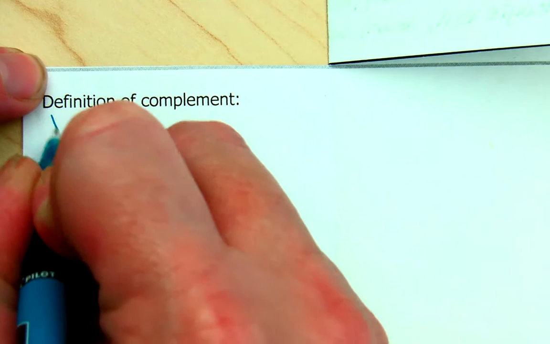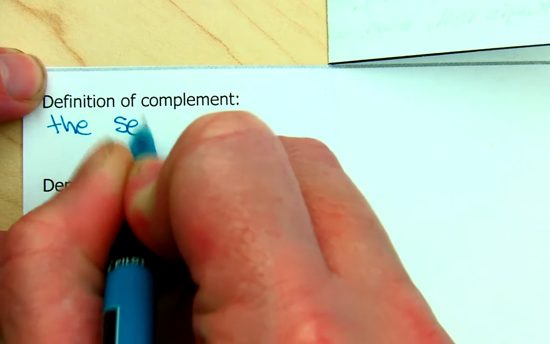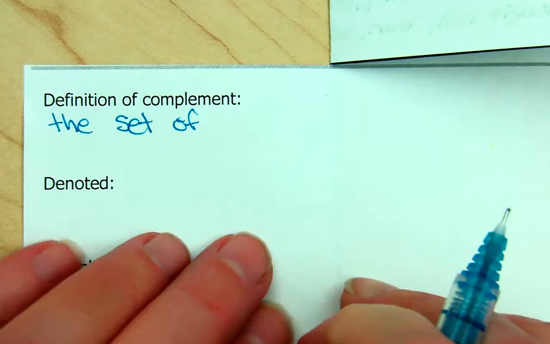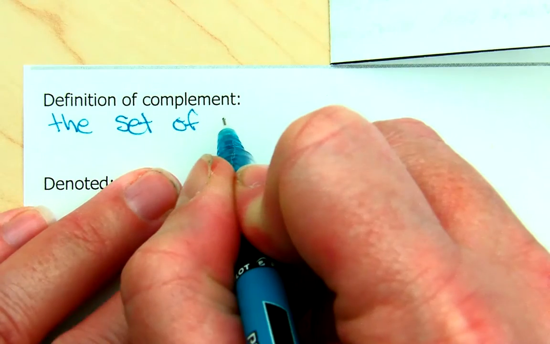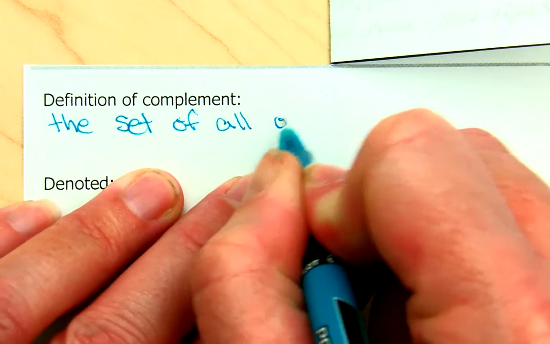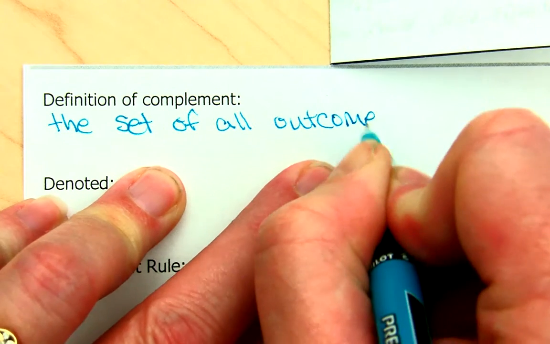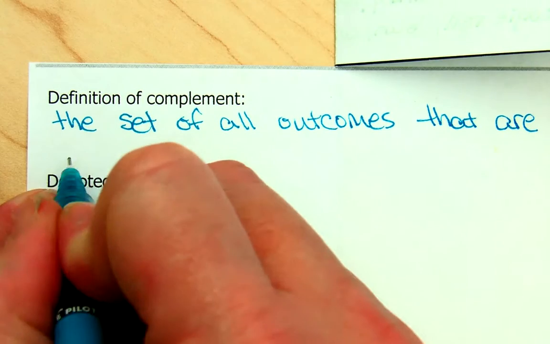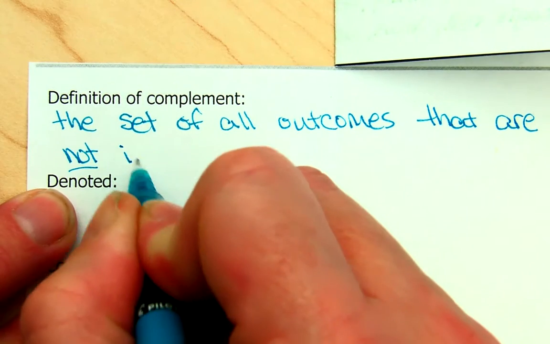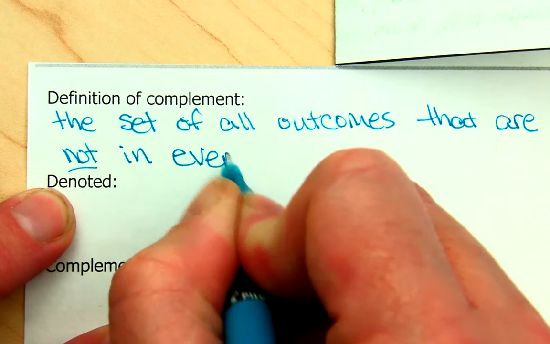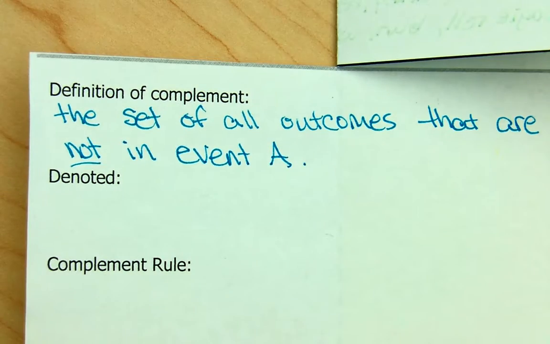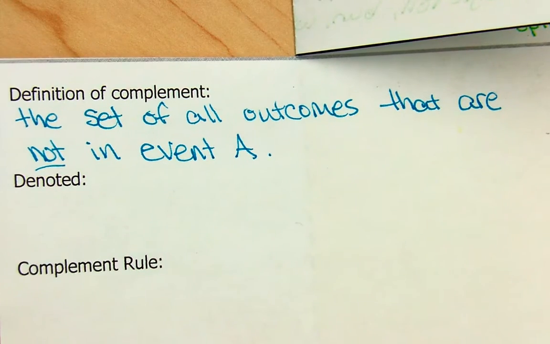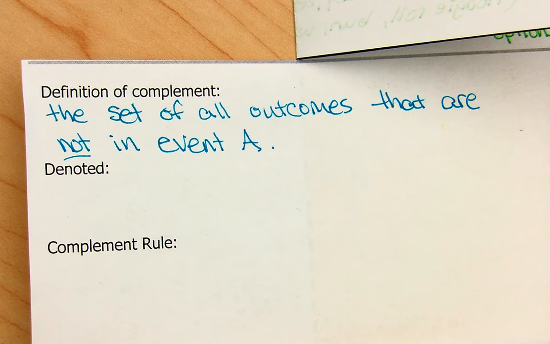A complement is the set of all outcomes that are not in event A. So, for instance, an example of this one.